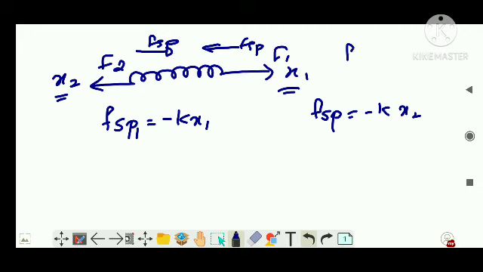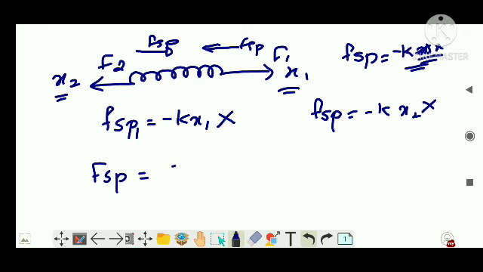I just told you that spring force is equal to minus k into displacement, or length increasing or decreasing, or change in length, delta x. But you cannot write it like this, because spring force FSP is minus k times the change in length.